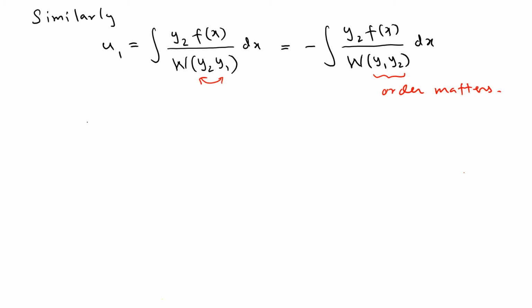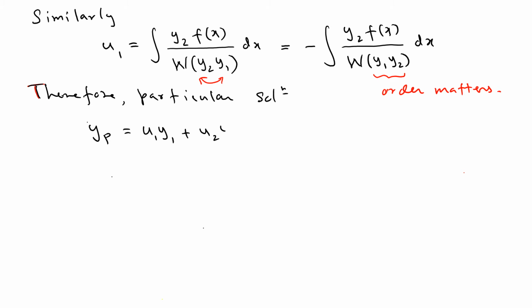Now you can write the formula. Therefore, the particular solution yp is simply u1 y1 plus u2 y2, but we can write the positive term first.